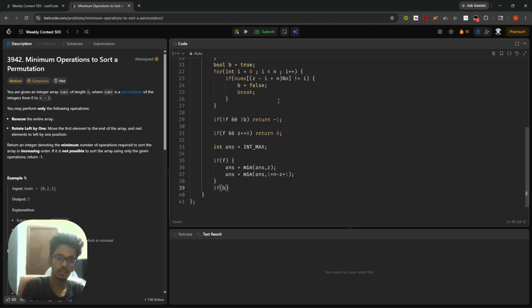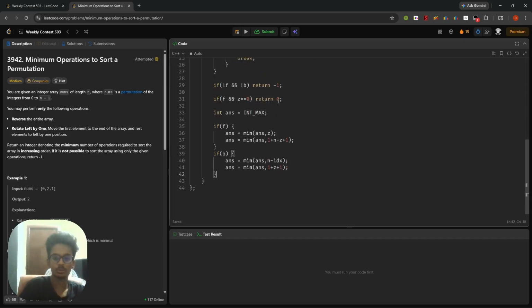And if it's a backward cycle, answer equals minimum of answer and, if it's a backward cycle, you can rotate it by n minus idx times, or else you can initially reverse it, then it would form a forward kind of scenario, then you will rotate it by index of 0 times, then finally you would reverse it once again. So these are the two possibilities when you have a forward cycle and when you have a backward cycle, and you would return answer.